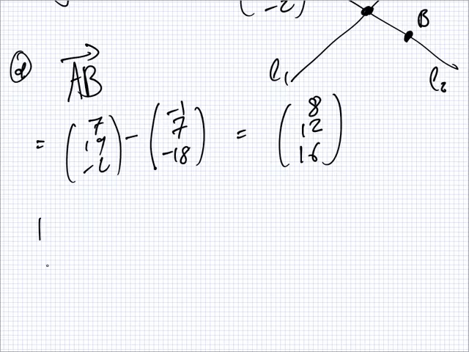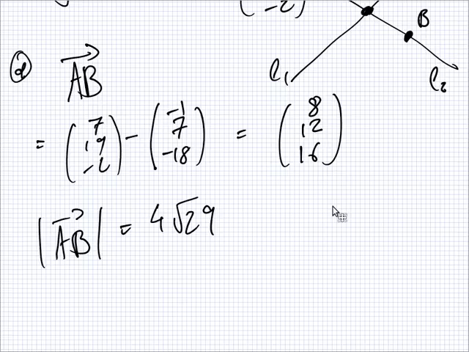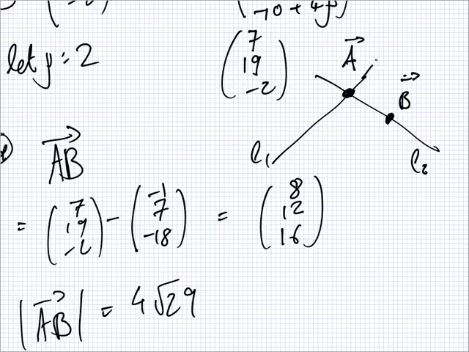So they want the magnitude of AB. That would be 4 root 29. Now that's not what they actually want you to finish with. What they want is the shortest distance from B to L1.